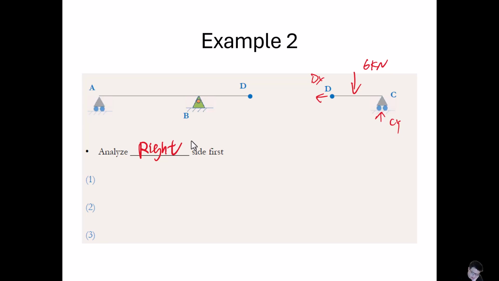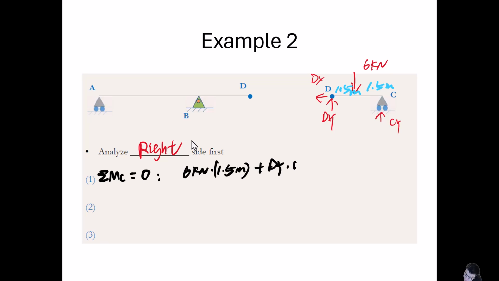Our first equation, sum of the moment equals 0 at point C, we can get 6 kilonewton times 1.5 meter, which is positive, plus dy times 3 meter equals 0. We can solve dy is negative 3 kilonewton.